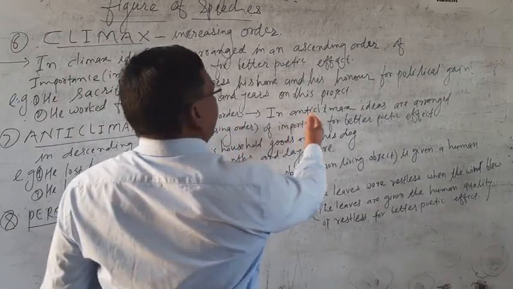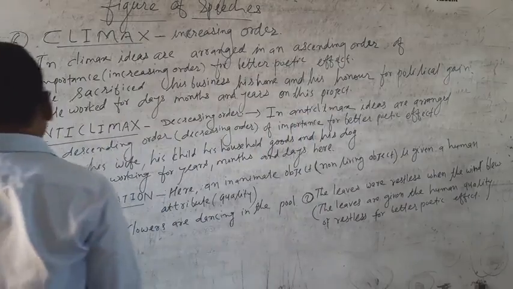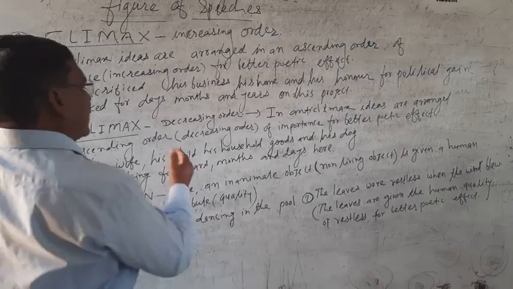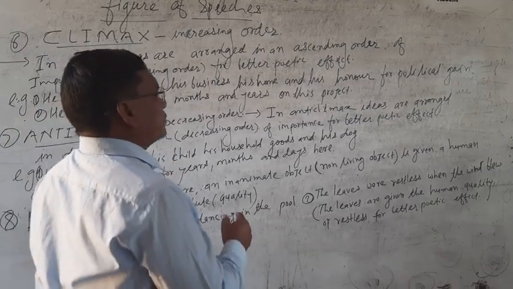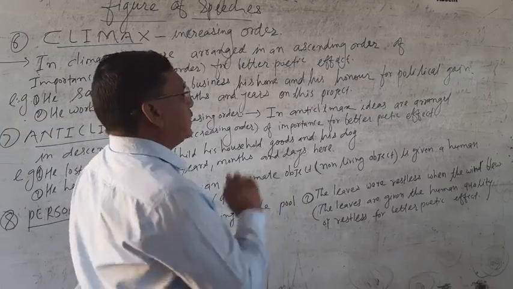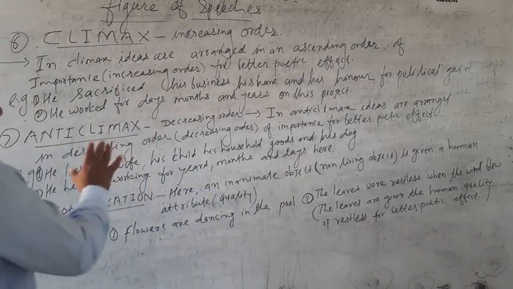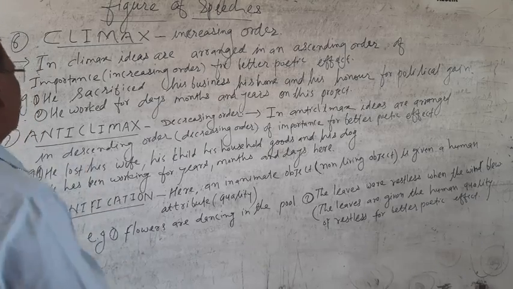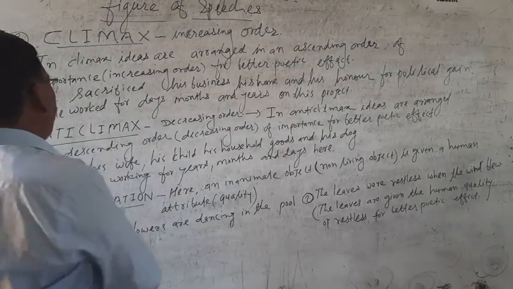In an anticlimax, ideas are arranged in descending order, meaning decreasing order of importance, for better poetic effect. It is very simple to identify the anticlimax figure of speech. What is meant by the anticlimax?